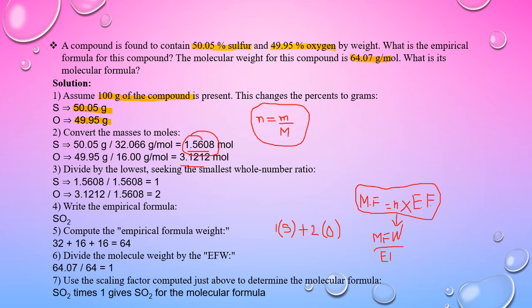Now what is the molecular weight? That is given, 64.07. And the empirical formula weight we obtained is 64. So by dividing, we get the number 1. So now 1 into the empirical formula gives you the molecular formula.